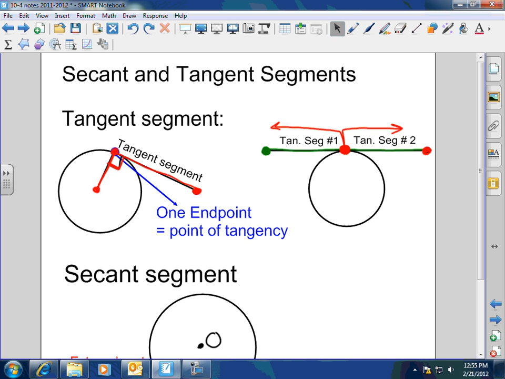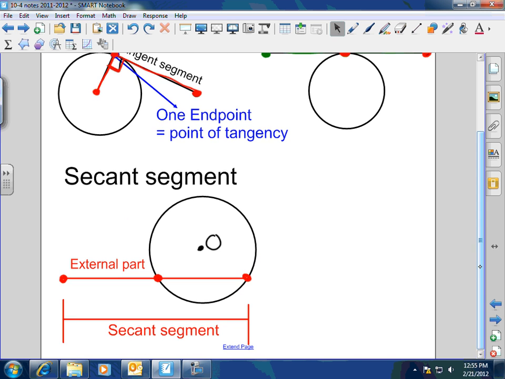Now, secant segment. A secant segment is a secant, but it is only in segment form. It is not a line. It does not continue forever. The whole entire length, from endpoint to endpoint, that whole distance is called the secant segment. But there's an internal and an external part.